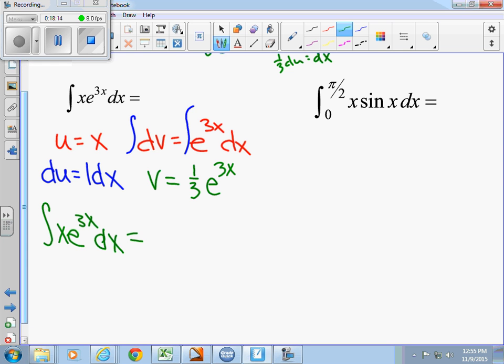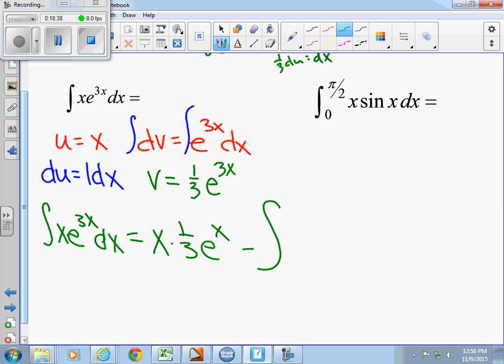So, my integral is equal to uv. And again, if you need to remember which one comes first, that ultraviolet voodoo is a pretty cute little way to remember that, or you can just memorize the formula. Minus the integral of v du.